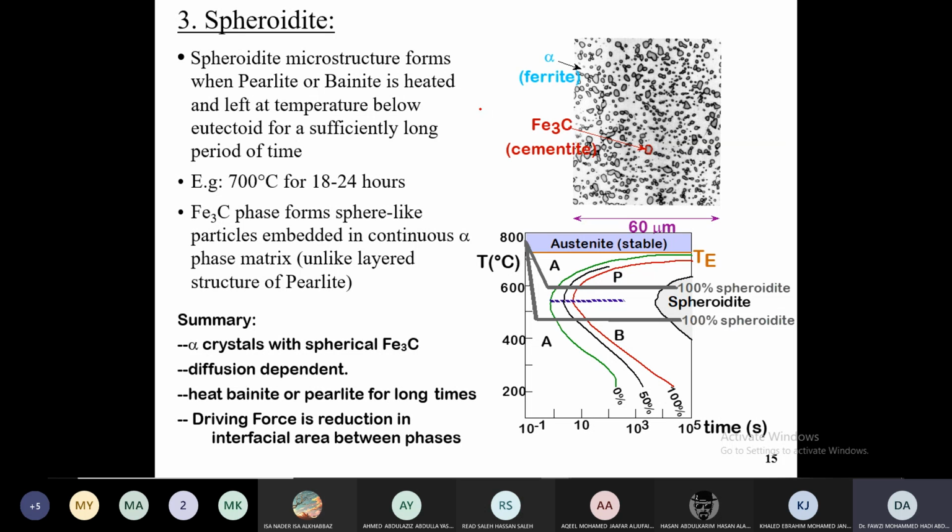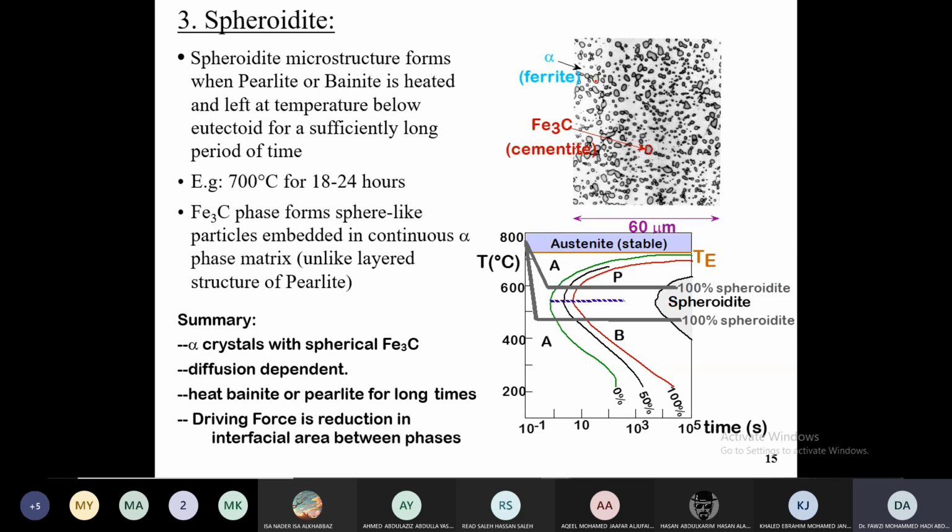So when we keep the material at a large temperature, you remember the sweating we explained last lecture, the material tries to lower its total energy. So it selects the parts which have very high energy, and those are the grain boundaries and the second phase boundaries, and it goes to the least interface.